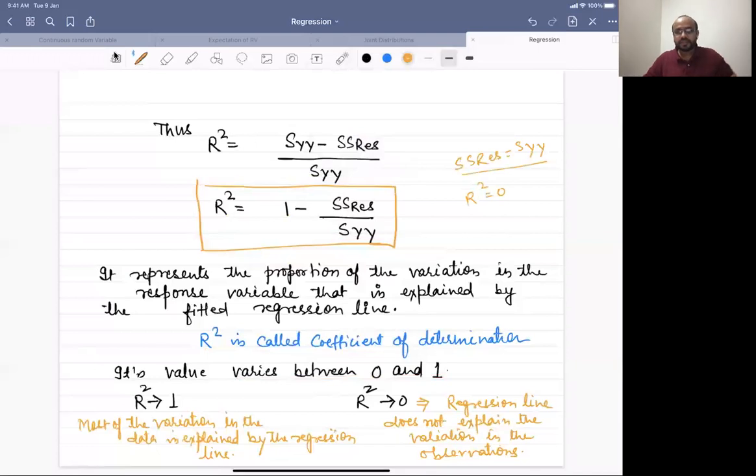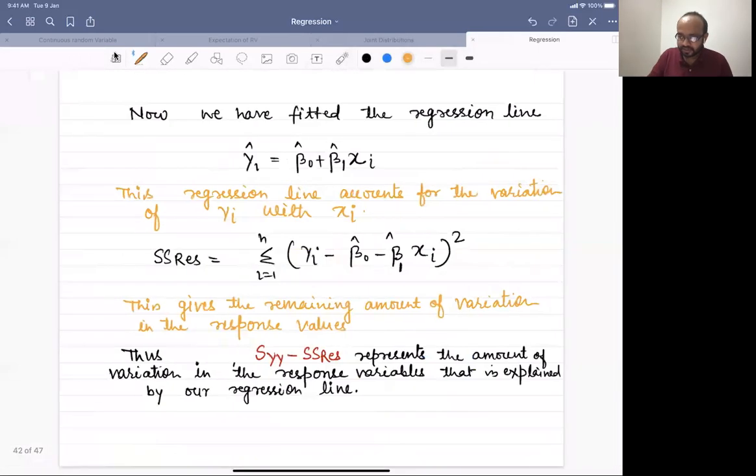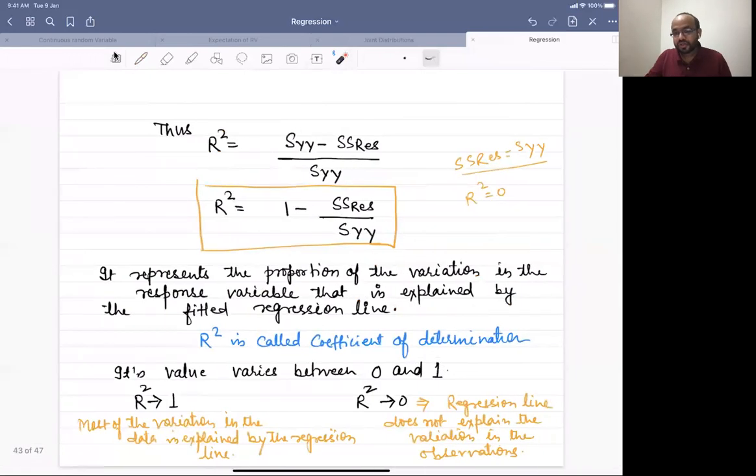You can clearly see, that means the variability which my fitted regression line is not explaining is equal to the total variability which is already there in the y.